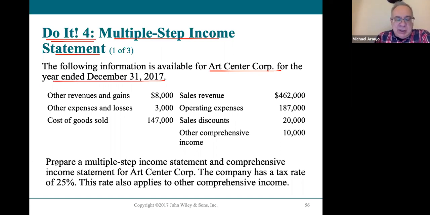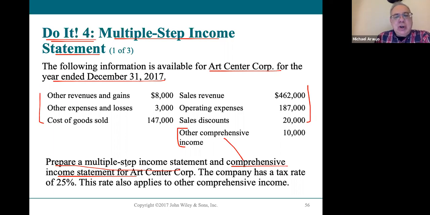It's going to ask you to prepare the multi-step income statement. And once you have that, can you tell us what the comprehensive income would be? Because they did give you this other piece of information specifically for that. But all the rest of it here is for your multi-step income statement.